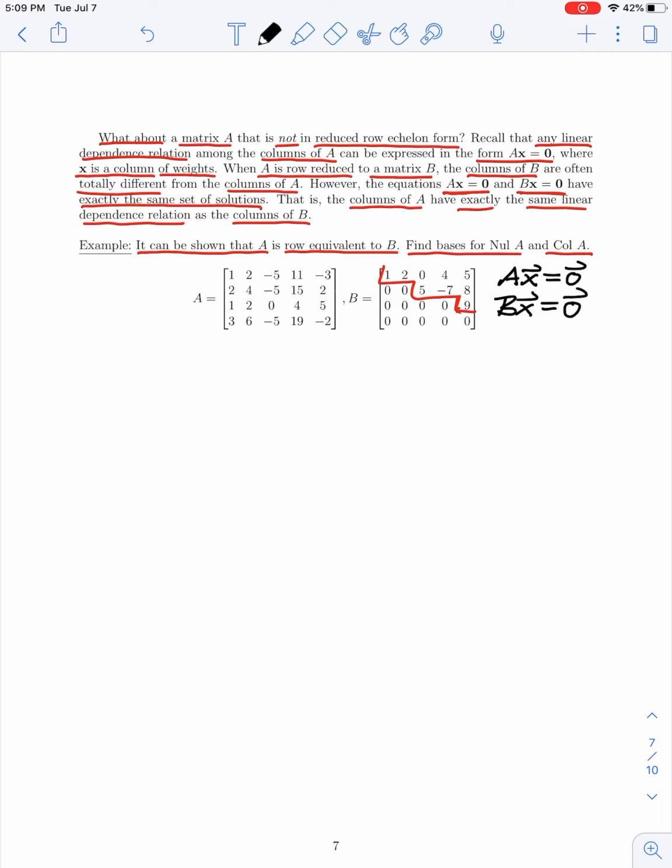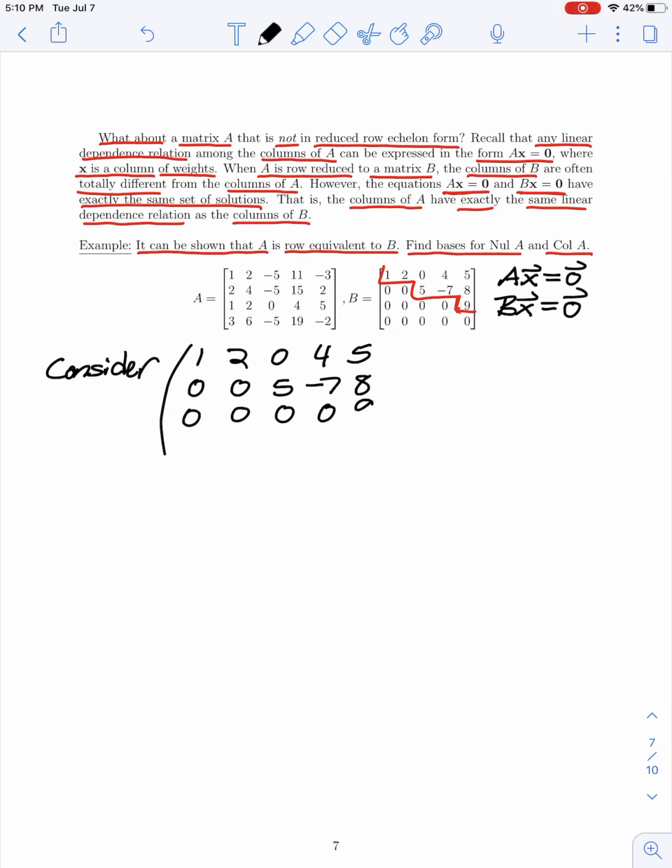So here, let's consider our augmented matrix for this system, where we have the matrix B: 1, 2, 0, 4, 5, 0, 0, 5, negative 7, 8, 0, 0, 0, 0, 9, and a row of all zeros.